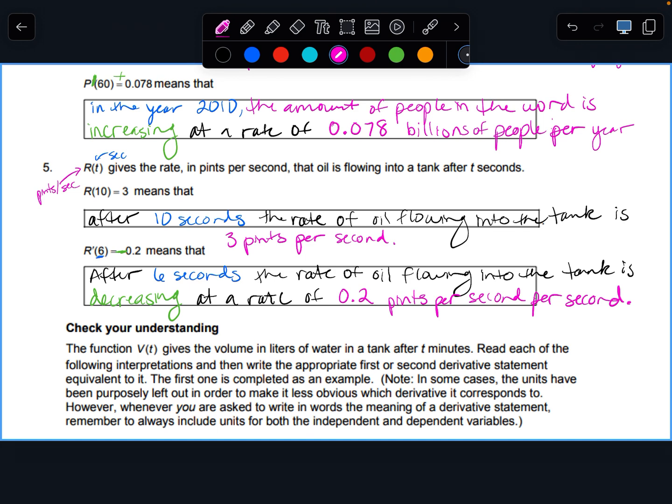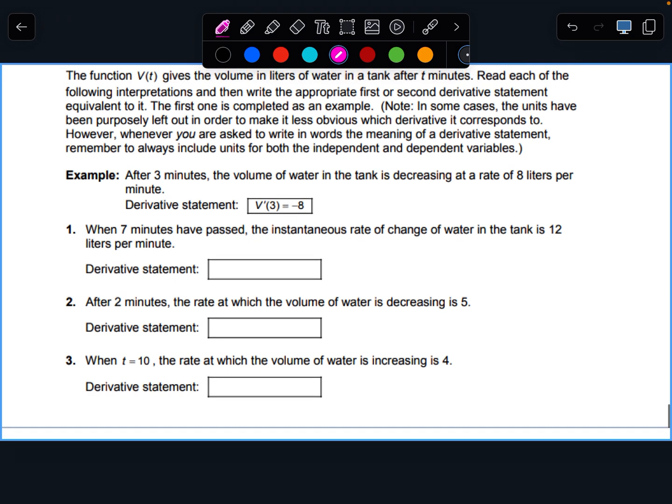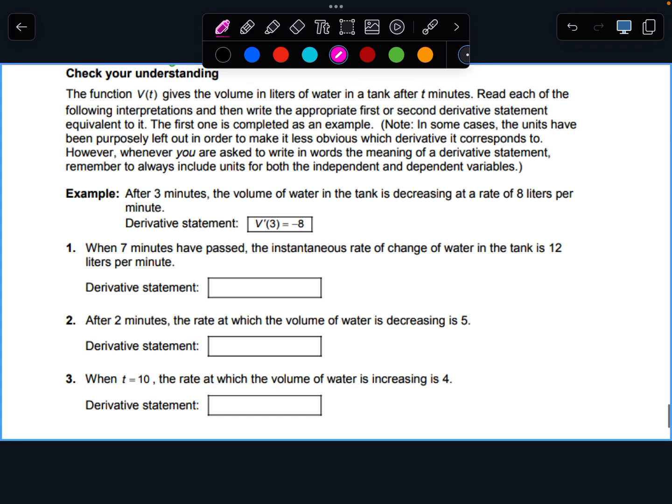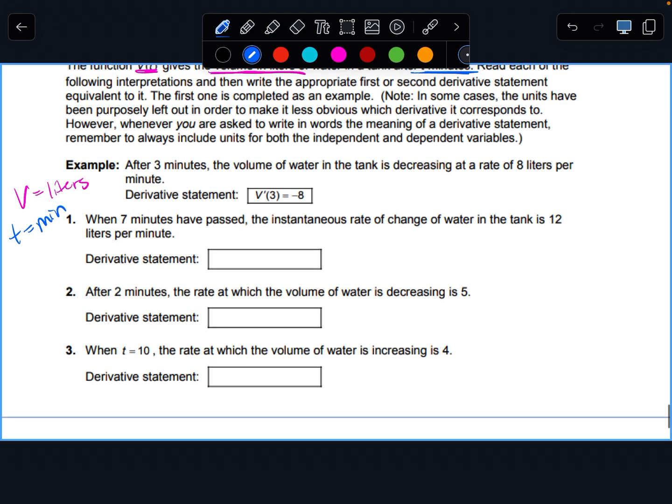All right, last thing is writing it backwards. So now you have the words, and you have to write it as a derivative. They're saying that V is the volume in liters, and time, T, is in minutes. You're going to read them all and try to figure out what the derivative statement is.